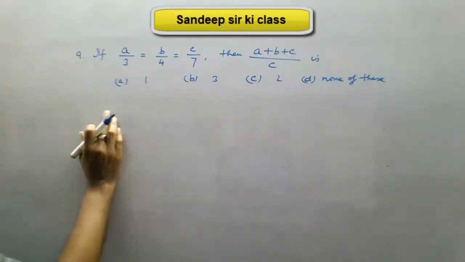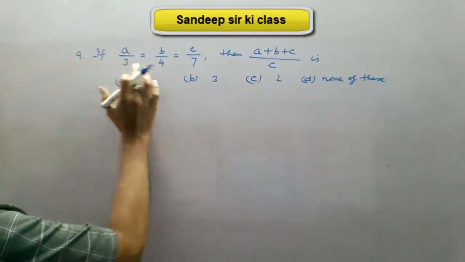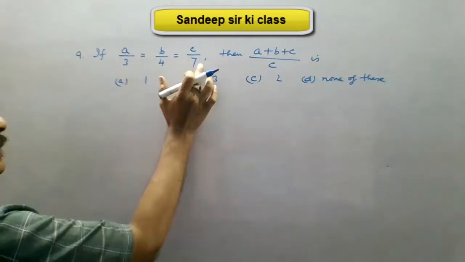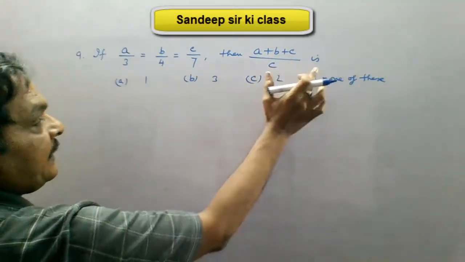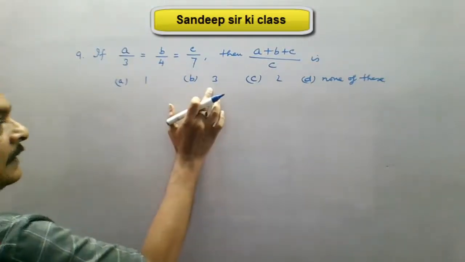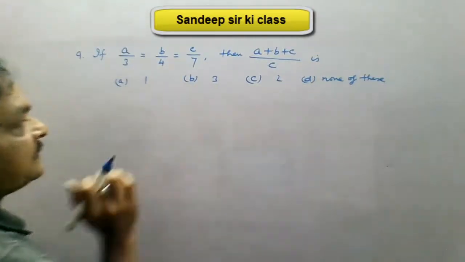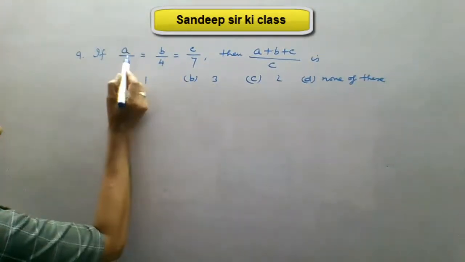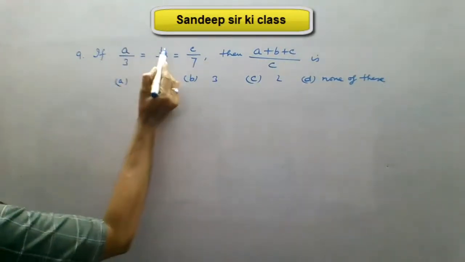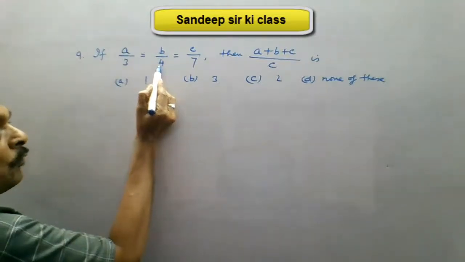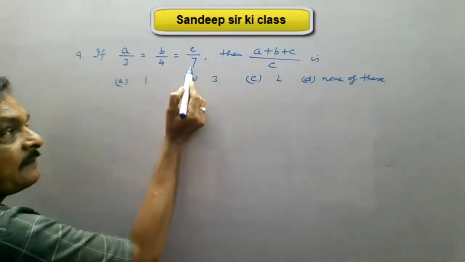Question number 9 is, if A upon 3 equal to B upon 4 equal to C upon 7, then A plus B plus C upon C is 1, 3, 2, none of these. See, if we take here A as 3, then B can be taken as 4 and C can be taken as 7.